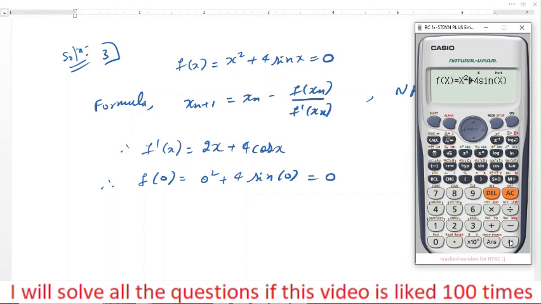We'll check this, start with 0, end with 1, step size 0.1. So here we get the corresponding values, and we can find all the terms are positive.